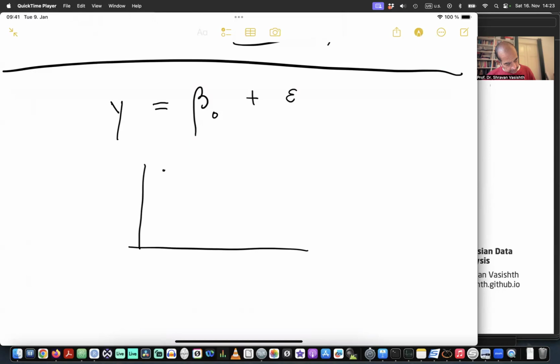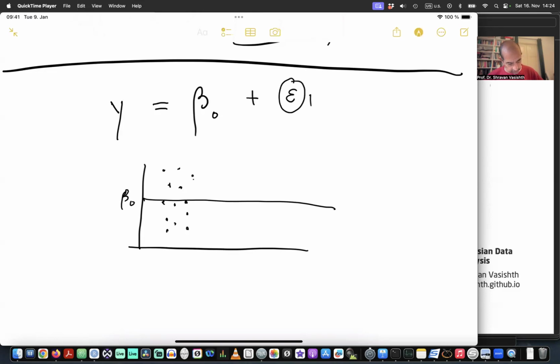So let's assume that the data, I'm just making some data up here, could look like this. There could be some data like this. And so if I were to find the average value of those data, that would be this intercept here, beta 0, right? And what this epsilon actually tells us is the deviation.